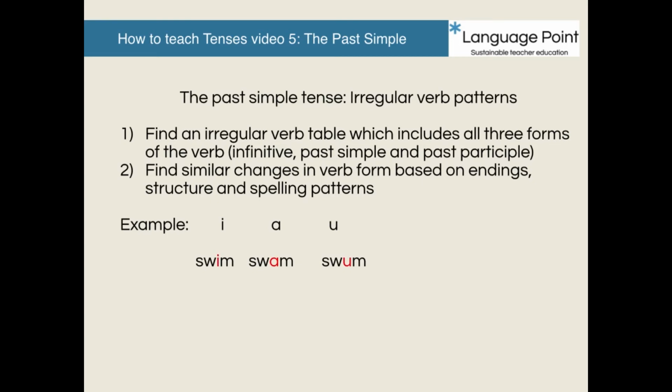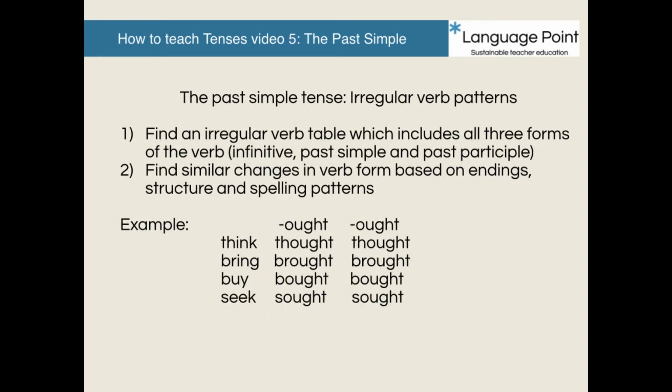So we have that change there, I, A, U, or I, A, A. And that's the same for the verb drink, drink, drank, drunk, and spin, spin, span, spun, and a couple of others. For example, begin, and there are a couple of others as well. So by grouping the verbs together like this, we can help students to remember the patterns rather than lots of individual examples.